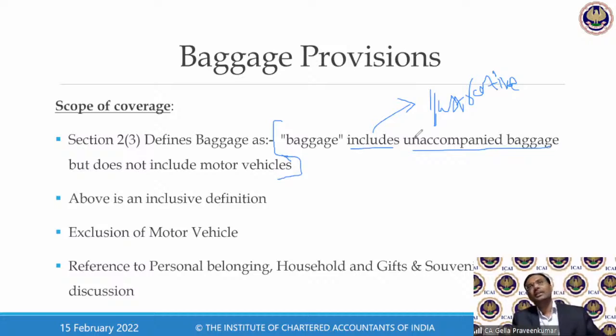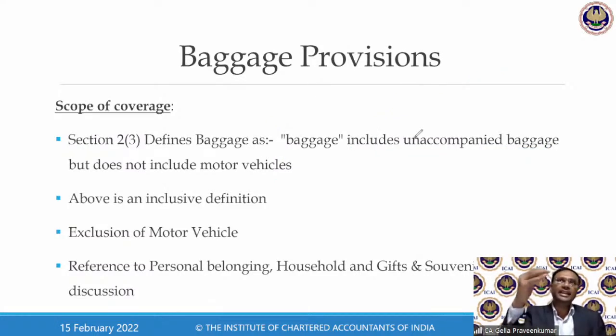Sir, I travel from Delhi to, say, Kerala. In the process of my journey from Delhi to Kerala, I have my personal belongings, baggage. There is something called hand baggage. There is something called cabin baggage, meaning the baggage which is permitted for me to carry in my hand.